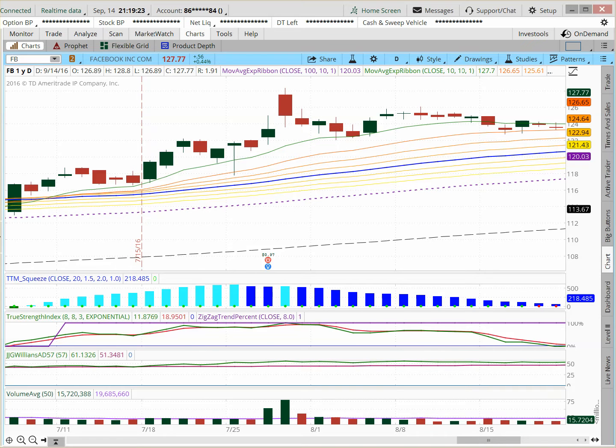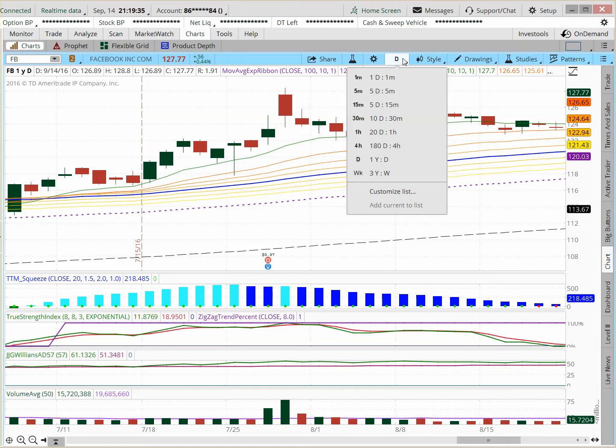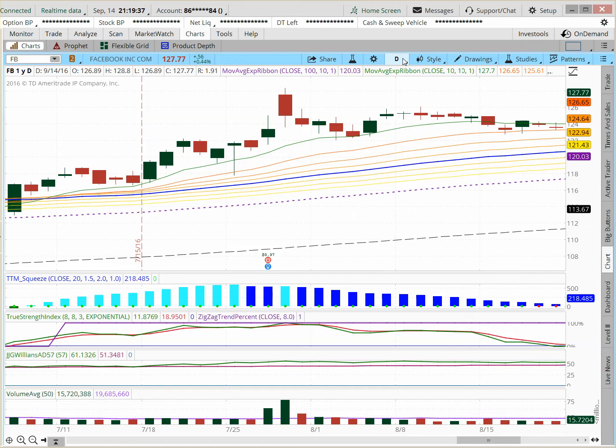So just to recap, your bars will represent whatever time frame that you are showing up here. So I have selected a daily, so each candlestick represents one day.